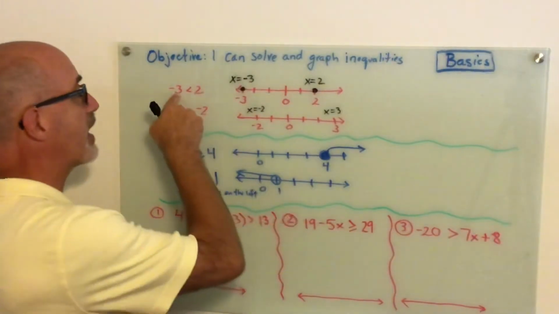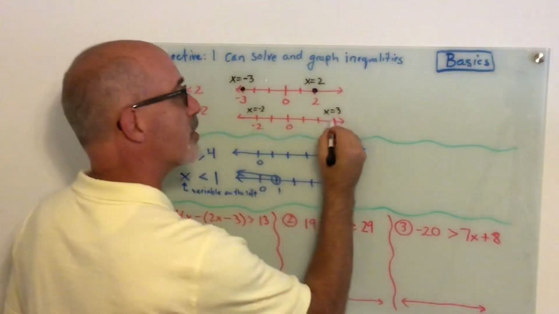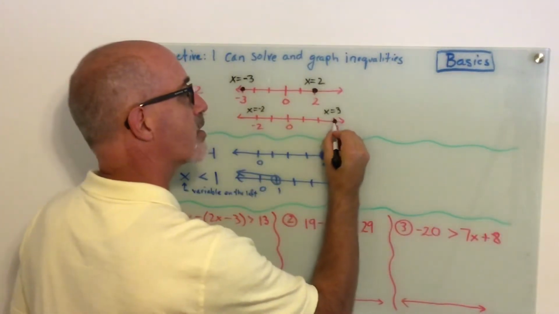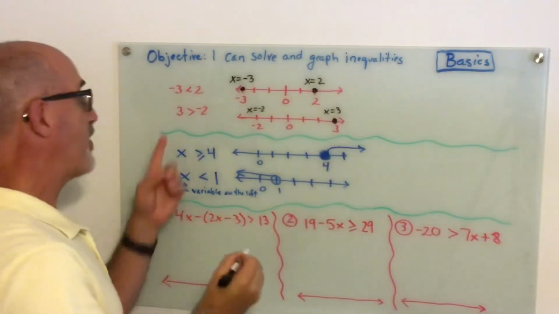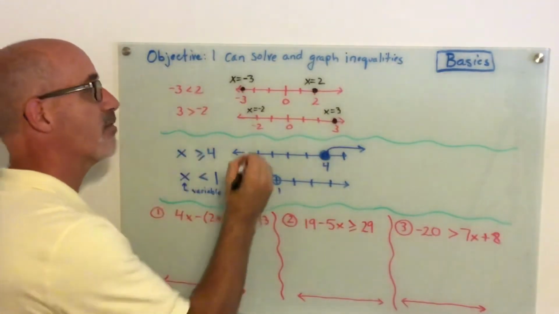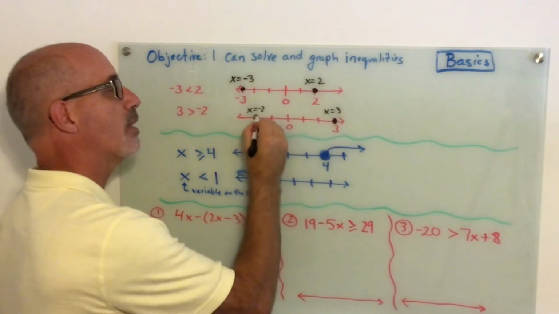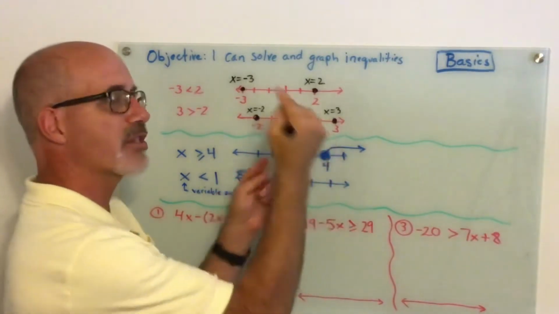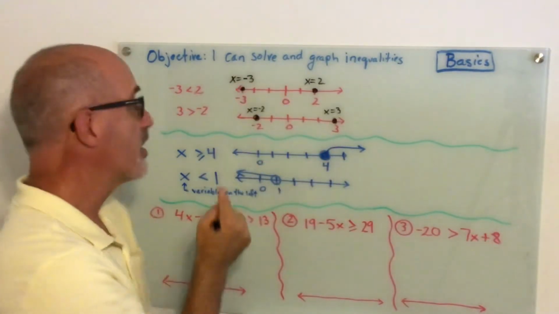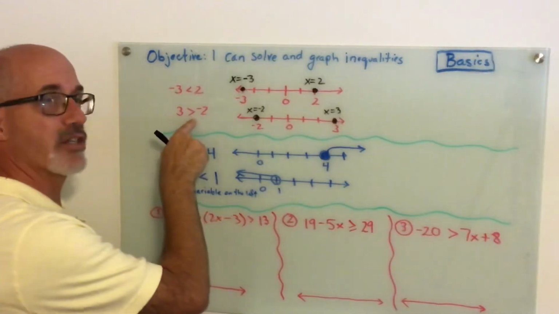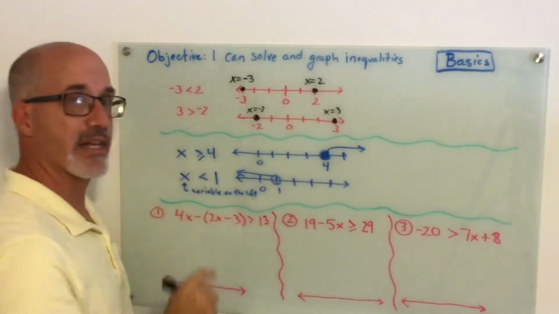If I multiply -3 by -1, I get 3, which is a solid dot over here. And then I multiply 2 by -1 and I get -2, and they flip spots on the number line. So now the inequality is a greater than. 3 is greater than -2.